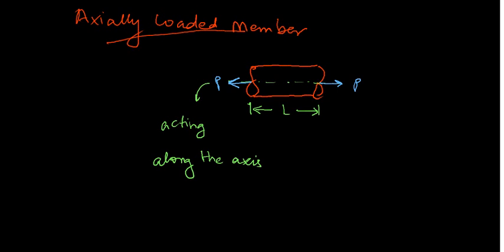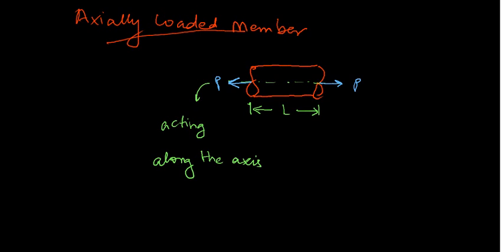Then what actually happens when you apply this kind of a load, that is an axial load, onto such a member? We'll come to that in the next slide, or in the next lecture. Let's first of all describe all three kinds of loads that we have.